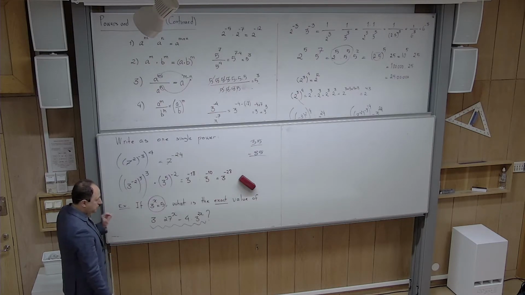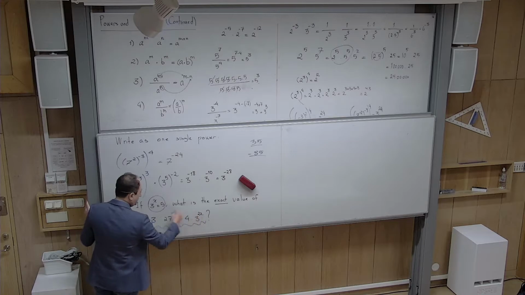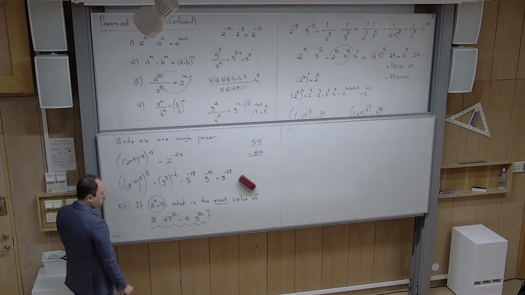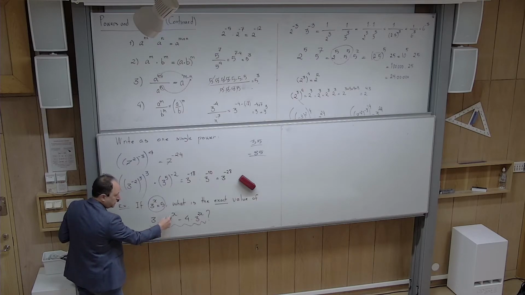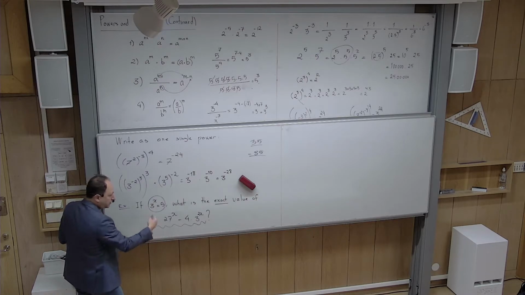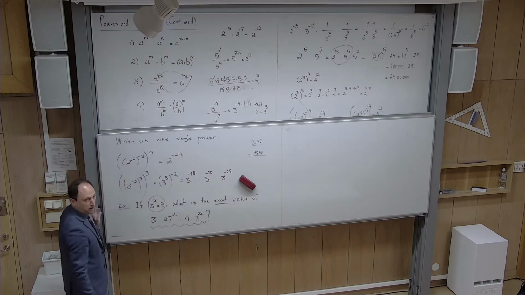Your strategy is to rewrite the question so that this piece of information is relevant. Here I have 3, that's good. But 27 to the x is not useful for me right now. I have to connect this somehow to the piece of information that I have.